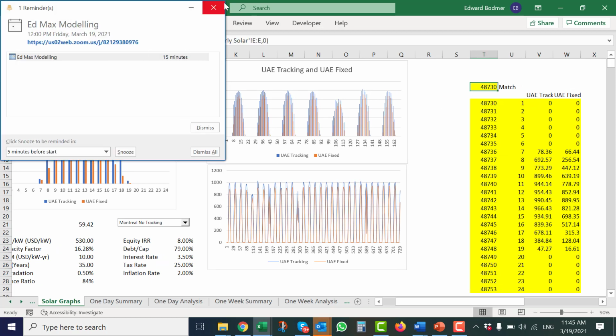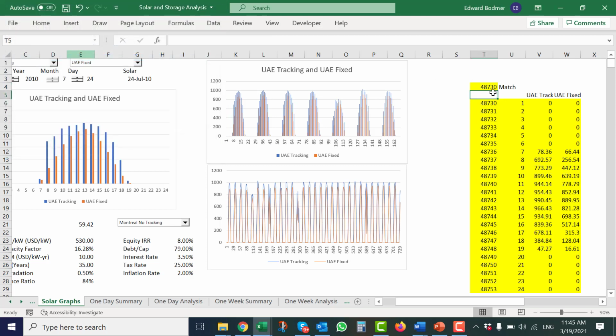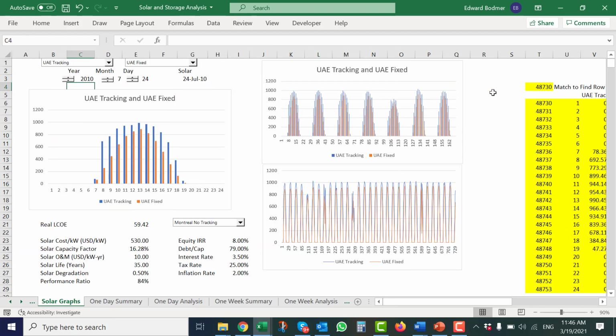Uh-oh, I have a meeting. Oh no, that's why I got to finish this. This is match to find row number. And then once we find the row number, that's the first hour of this one.